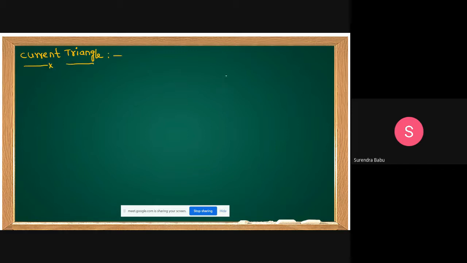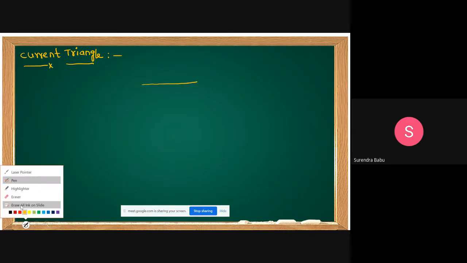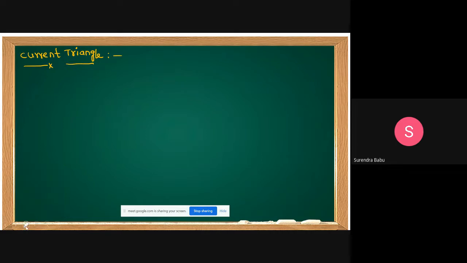What is your reference here? V is the reference, because in parallel branches, voltage is constant. I am drawing the current triangle here itself. This is V. V and IR are in phase.